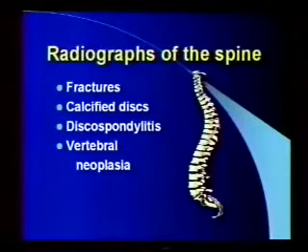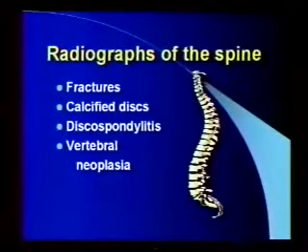Certainly one of the first things that we're going to want to do is take some radiographs of the spine, and these are the things that we can detect from just plain routine radiographs, good quality radiographs. And not the whole dog radiographs where you just put them on the plate and shoot the whole thing, but actually localizing the radiographic beam right on the site where they hurt.